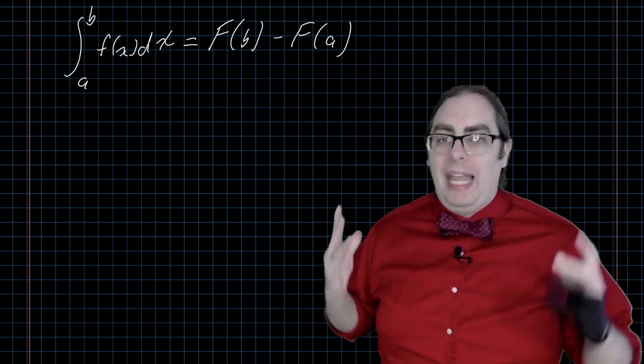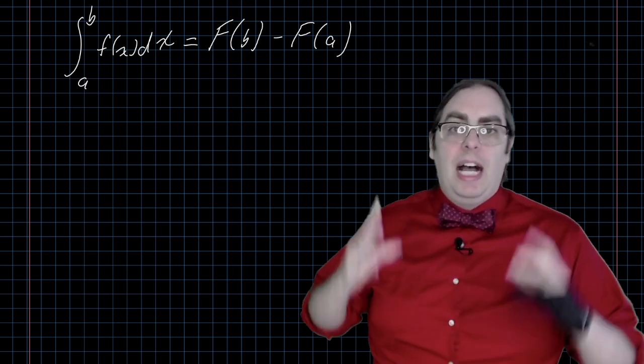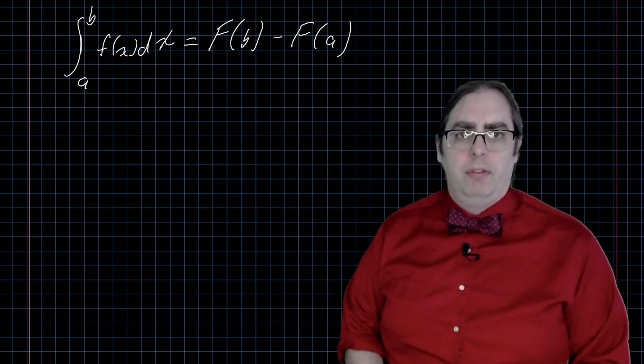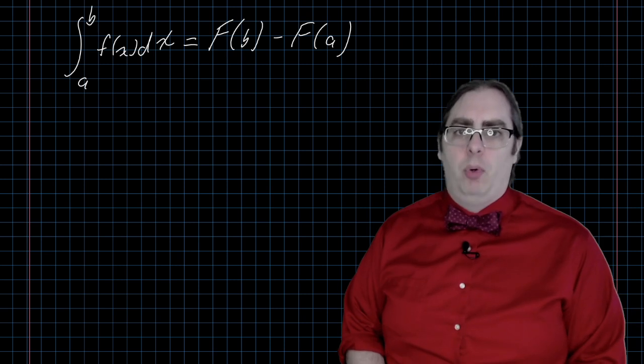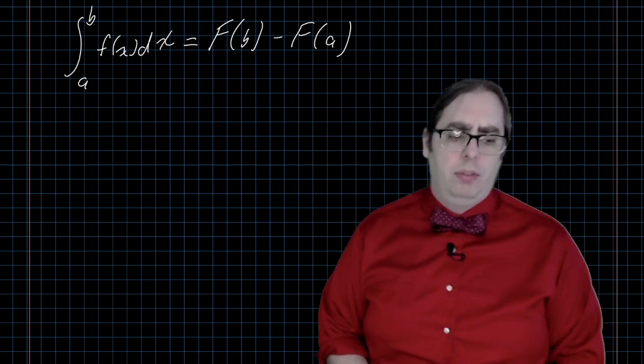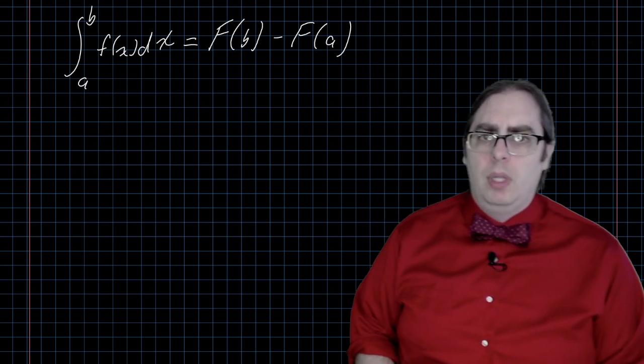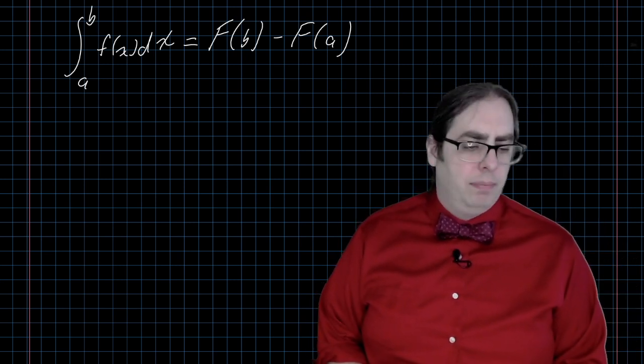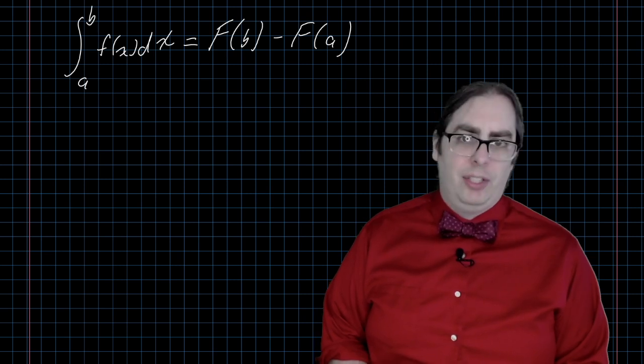I don't have to do anything with geometry. I have to find an antiderivative. I have to evaluate it at a couple of points, and I have to subtract. Although that statement does get to the heart of the matter. How do you find the antiderivative?